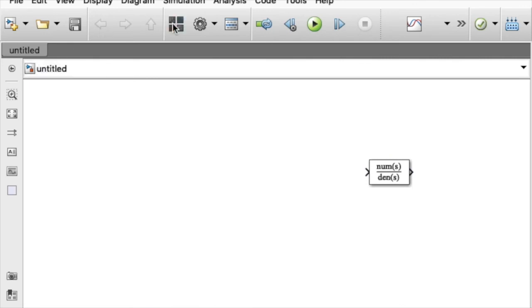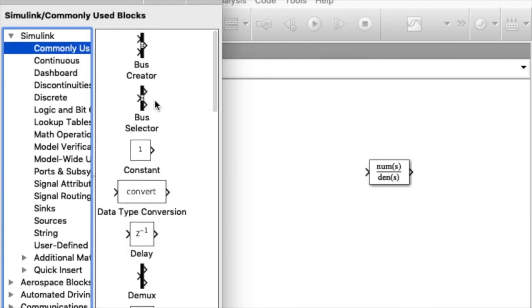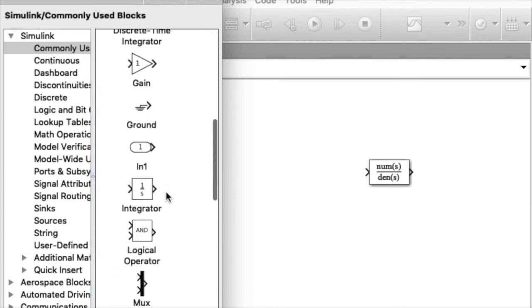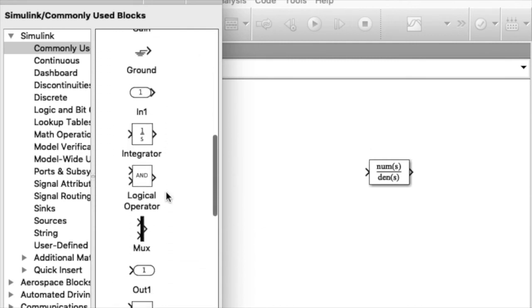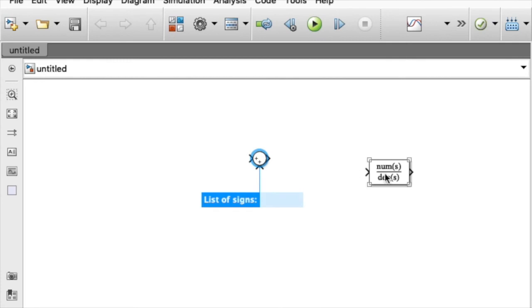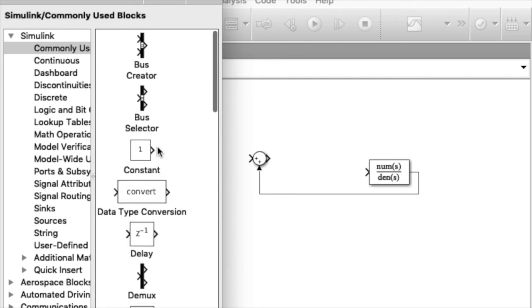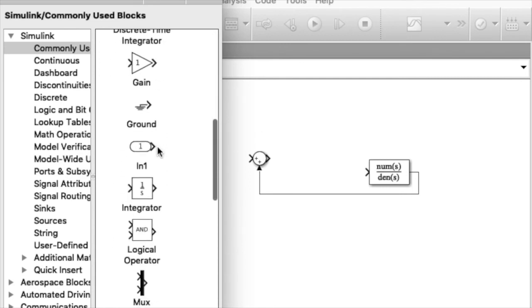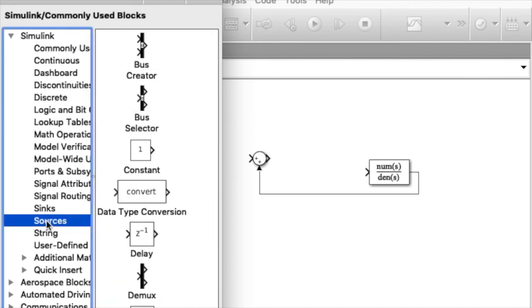So let's put first a reference signal, commonly used blocks. You can go and put a sum here, right? So the actual Y will come from here, and your Y reference will go from, so maybe a scalar. Where is the scalar? Do you see a scalar here? Let me know. Maybe sources.